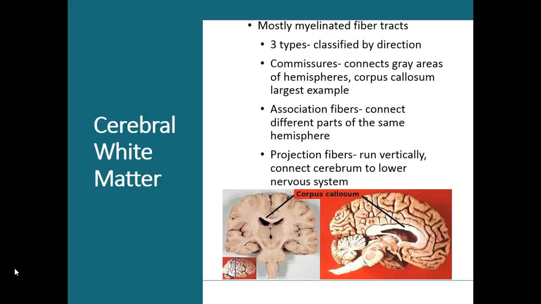Before we begin a discussion of the cerebral cortex, let's look at some of the other areas of the brain. So we'll begin by looking at the cerebral white matter, which is made up of myelinated axons that we find in 3 different types of fiber tracts. These fiber tracts are classified based on the way that the fiber runs.